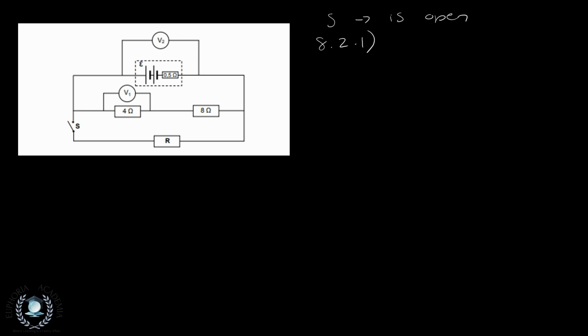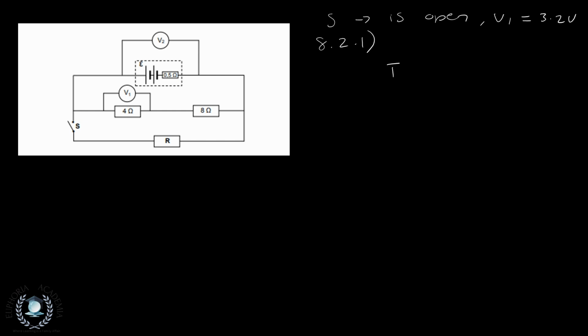So that means if we know the voltage and the resistance at one point, then we actually know what the current will be, right? And we're told that V1 reads a value of 3.2 volts, right? So that's the voltmeter across the 4 ohm resistor, right?